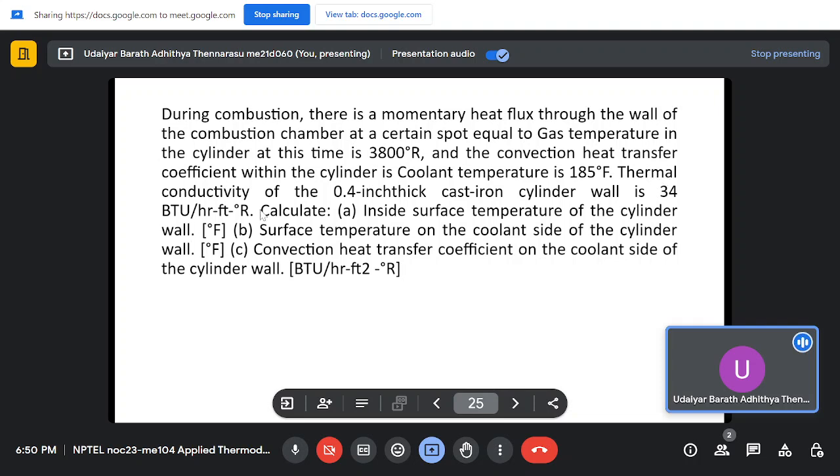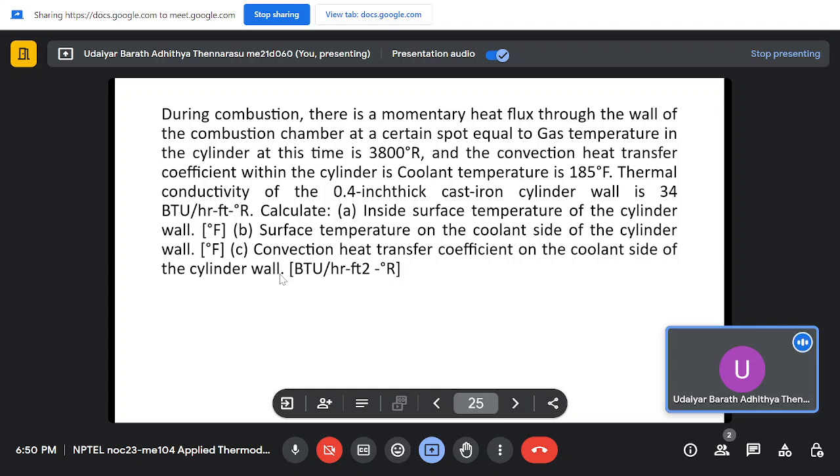The thermal conductivity of the 0.4 inch thick cast iron cylinder wall is also given as 34 BTU, British thermal unit, divided by hour feet degree Rankine. We are asked to find the inside surface temperature of the cylinder wall, the surface temperature on the coolant side of the cylinder wall, and the convective heat transfer coefficient on the coolant side.